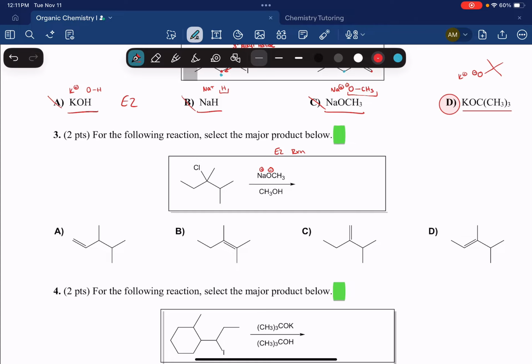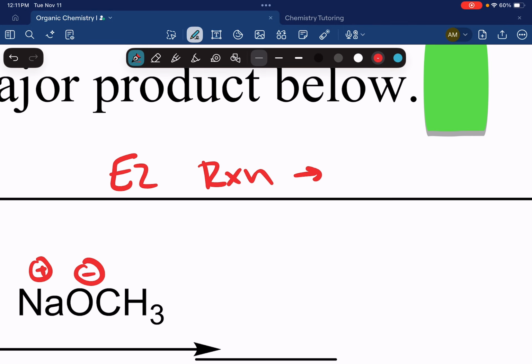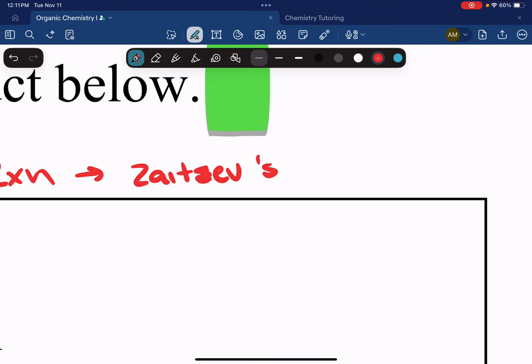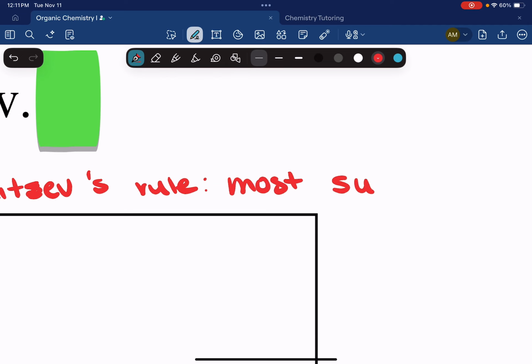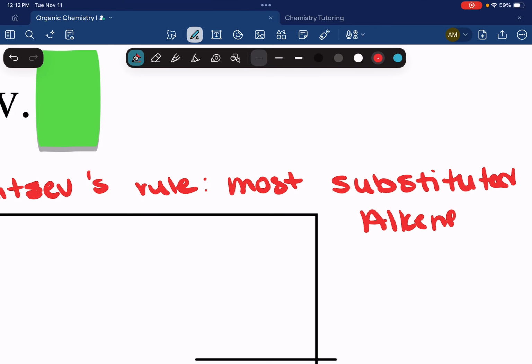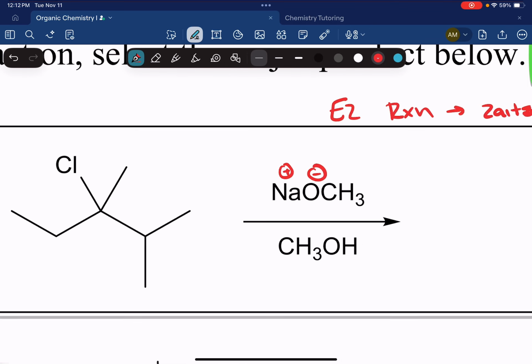So, E2, based on Zaitsev's rule, don't remember how to spell that. It's going to create the most substituted alkene, right?